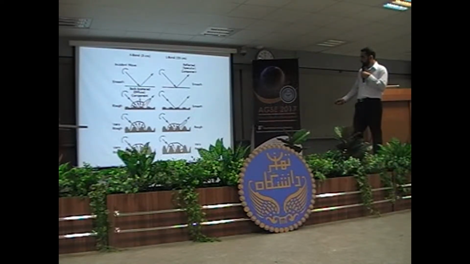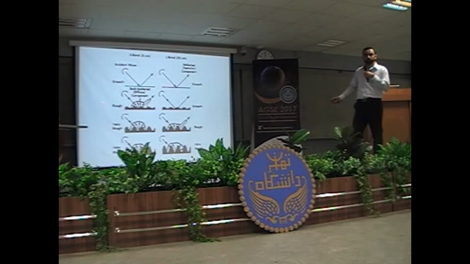The second one is rough for X-band because the wavelength is 3 centimeters. So this kind of relief is considered rough for X-band, whereas the same roughness for L-band is not rough. It is smooth. When the energy is transmitted in L-band, most of the energy does not come back to the antenna.